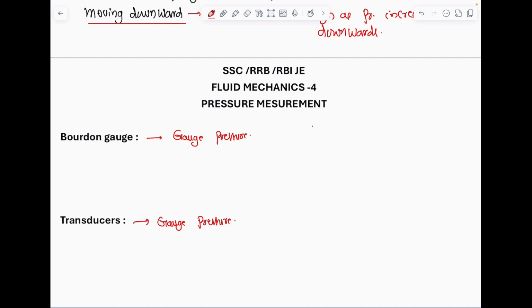In the Bourdon gauge, it looks like this. It's a circular dial, where in the center there will be pressure readings here.